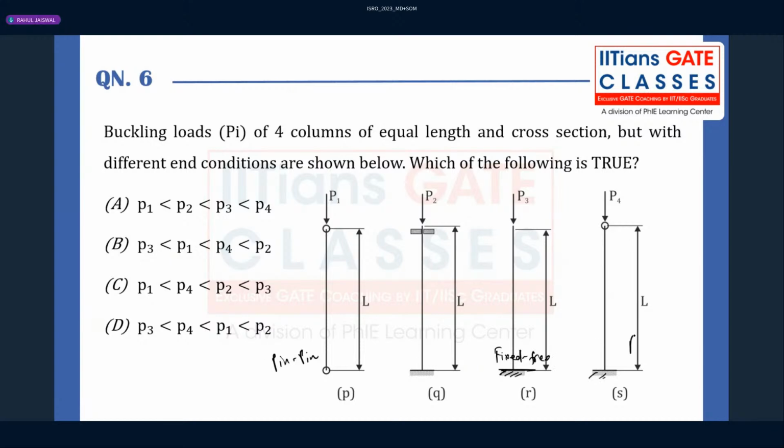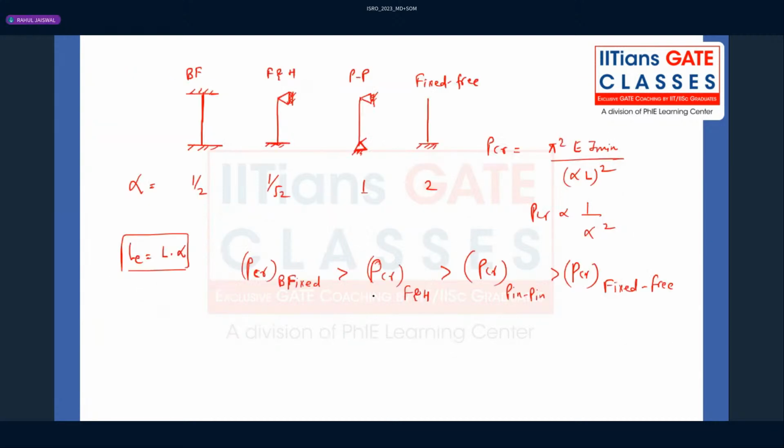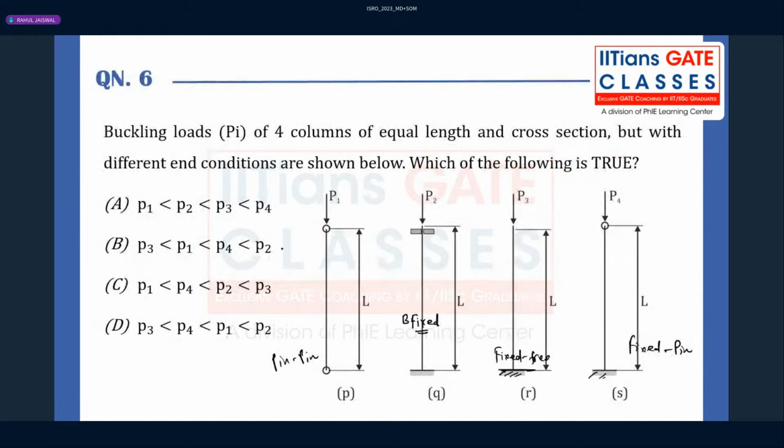Here we have fixed pin connection, and this is both the ends fixed. So what is the condition? The largest amount of load will be required for both ends fixed. Then we require for fixed pin connection. Then for pin pin, and the least will be required for fixed and free conditions. So we will be correct.